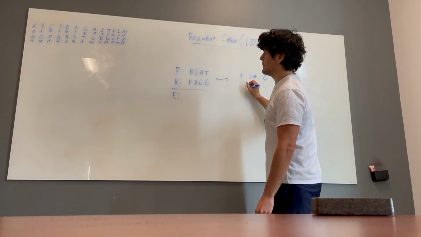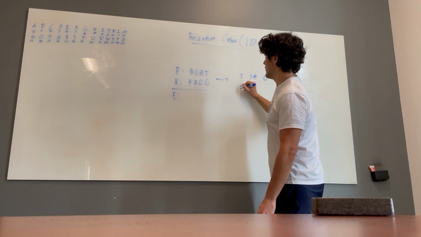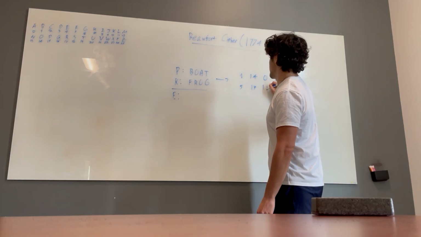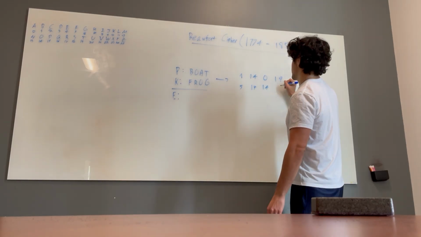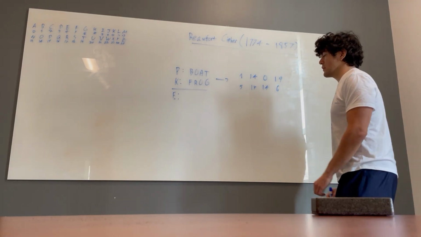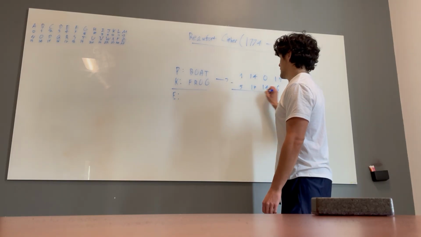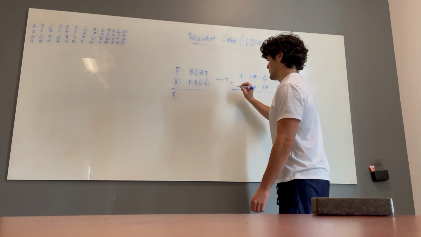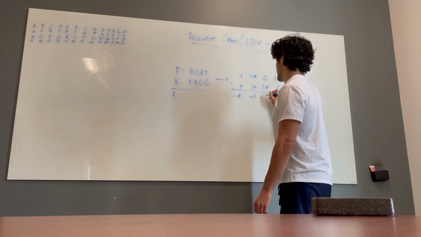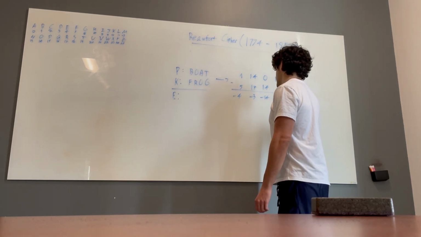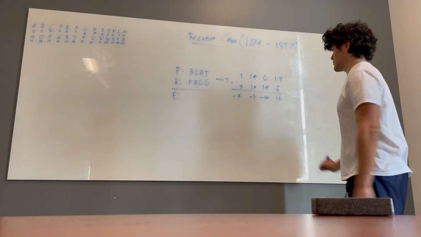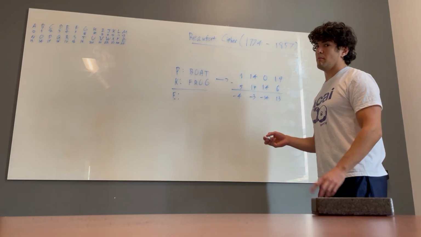Then we're going to subtract these first, and we get the resulting values -4, -3, -14, and 13.